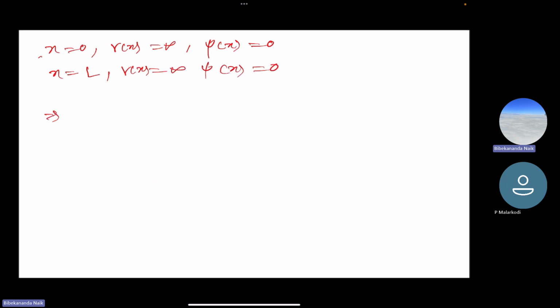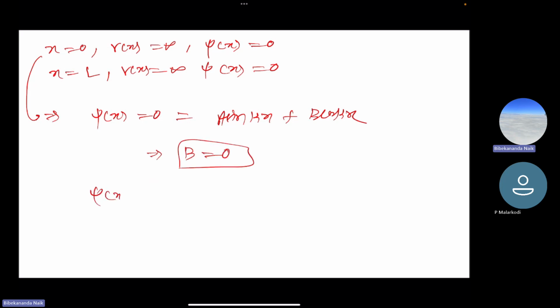Putting in the first case, psi(0) equals 0 equals a sin kx plus b cos kx. You see at x equals 0, sin 0 is 0 but cos 0 is non-zero. So in order to make psi(x) equal to 0, we have to take b equals 0.